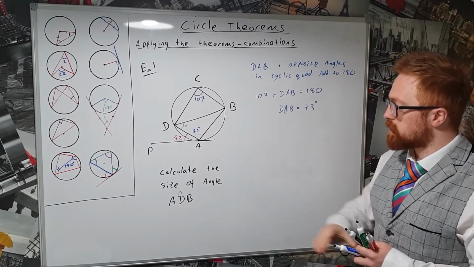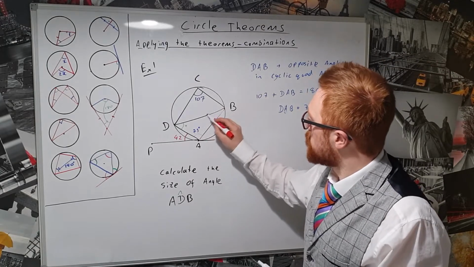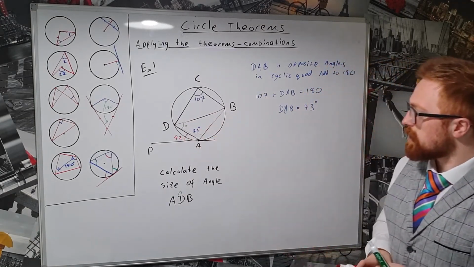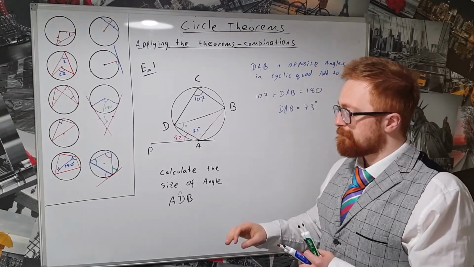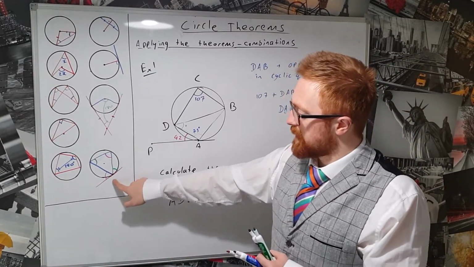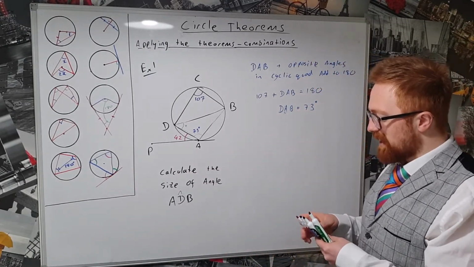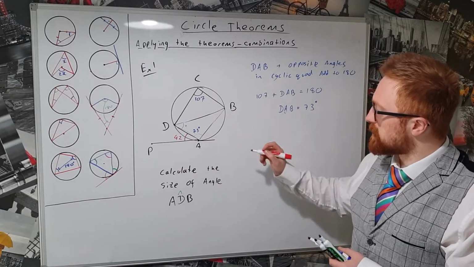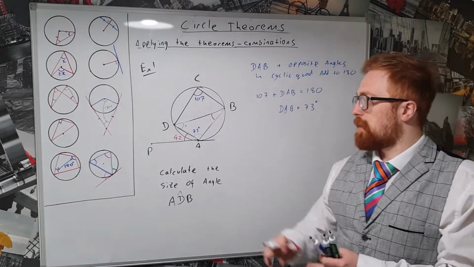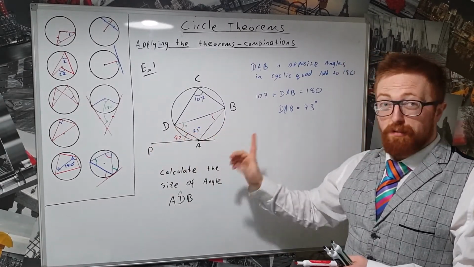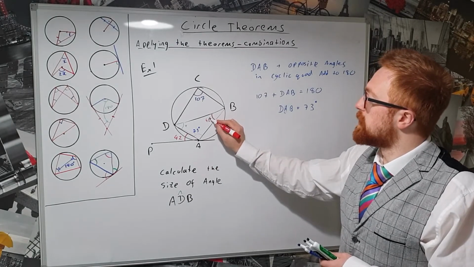Okay, so what else can we use? Well, we've got a tangent, and if we look closely, we've also got a triangle. Now, which circle theorem relates tangents and triangles? 100% correct. It is the alternate segment theorem. So let's use the alternate segment theorem. That's 42. Remember they're both pointing in sort of the same direction, so I know that this angle here has to be 42 degrees as well.